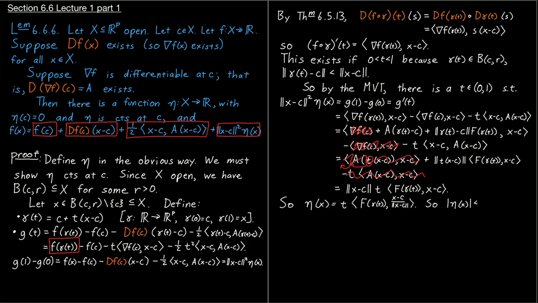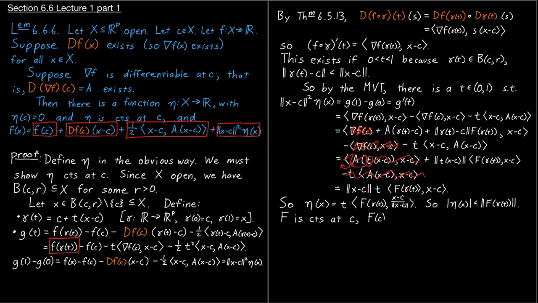This is at most the norm of big F, which is coming from the gradient of little f, so that one is a vector. Big F is continuous at c.